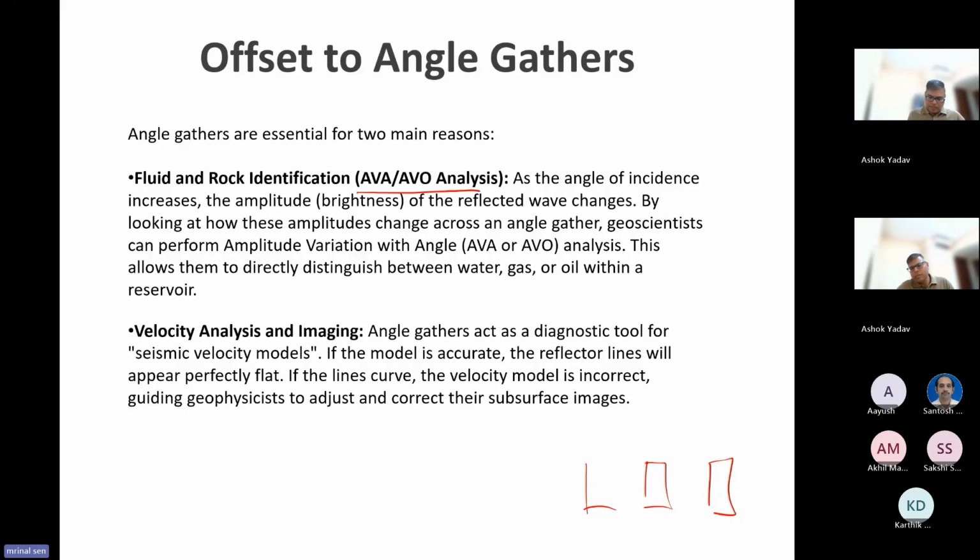Even in FWI, this is used as one part of the loss function or objective function. So flattening the angle gathers is one criterion that is used for estimating velocities in migration and also sometimes in FWI. Okay.